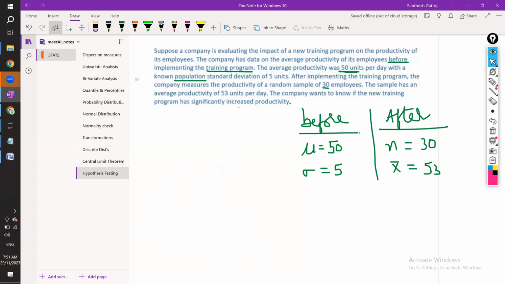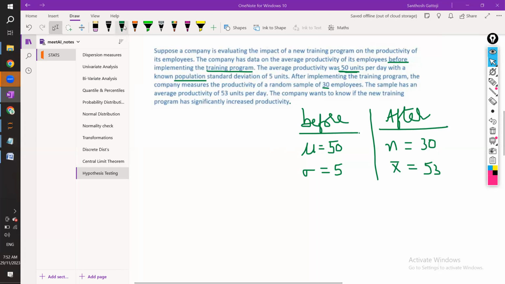Just a second. Okay, fine. So we are saying, so what is saying? Yes, Santosh, mic issue. Oh, okay, Karthik.